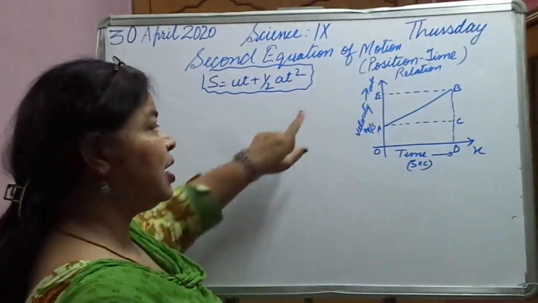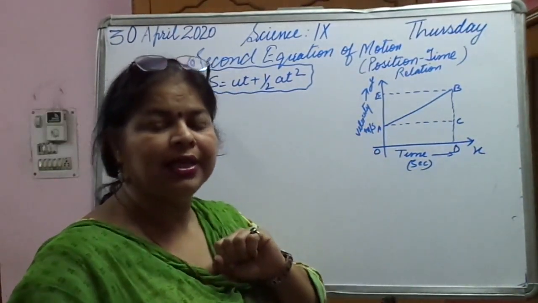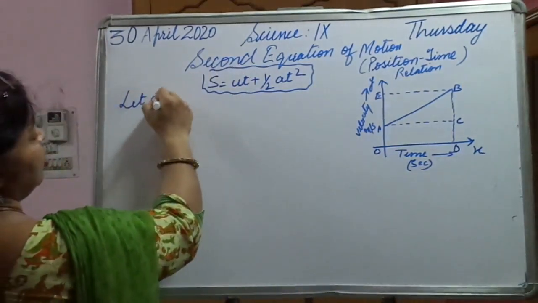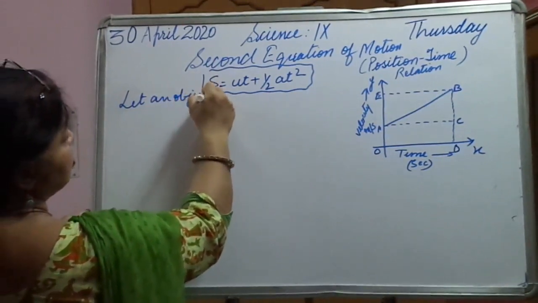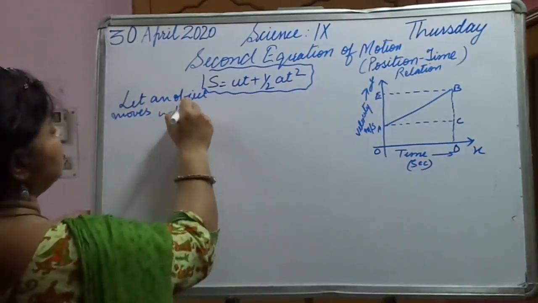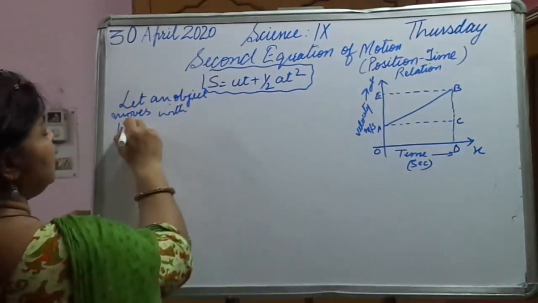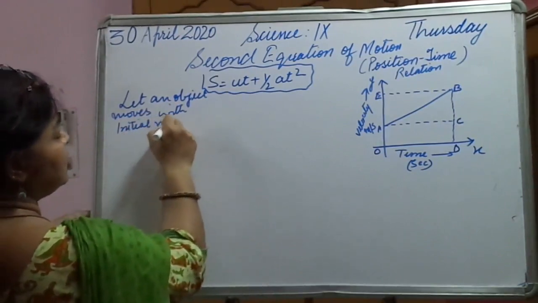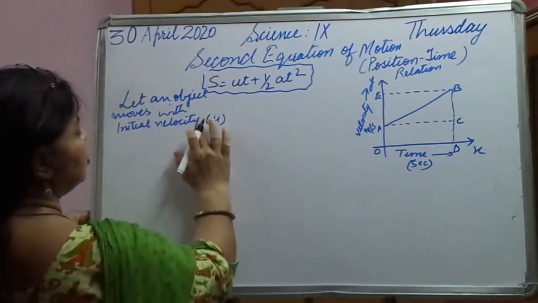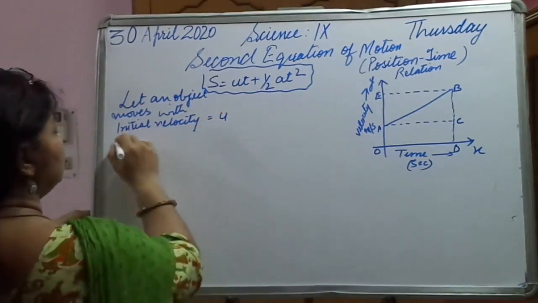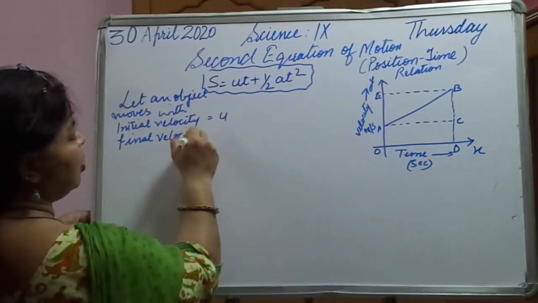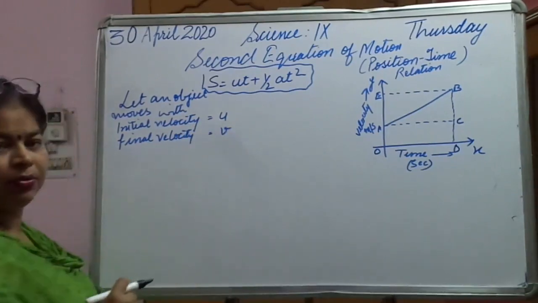So this is again about a moving object. Like yesterday we had introduced the terms: let an object move with initial velocity u, and after time t it reaches a final velocity, which we call v.